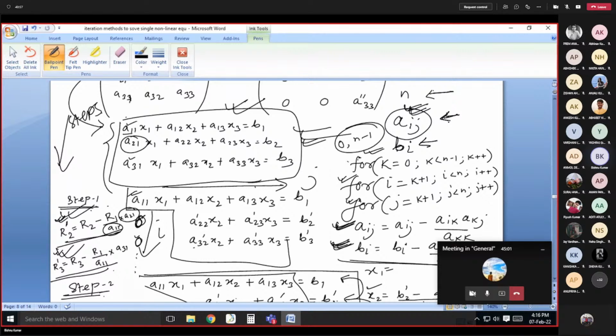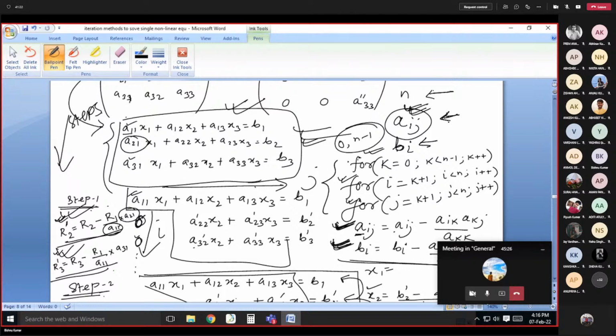Then within these 3 loops, you just complete these 2 commands. Then it will transfer old aij into the new aij. Old aij is replaced by new aij, and then after completion of these loops, these aij are the values of the upper triangular matrix.